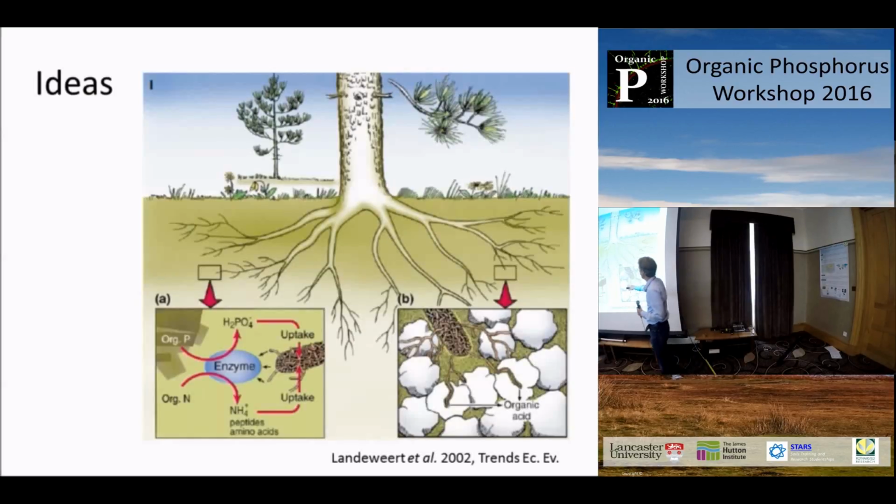On the left, you have this organic P, so that's all the organic P in my talk today. The idea is that you have a hotspot of a resource, and then you have a root with your mycorrhizal fungi around it. The fungi get a lot of energy from the tree, they produce enzymes, and they can get the phosphorus out.